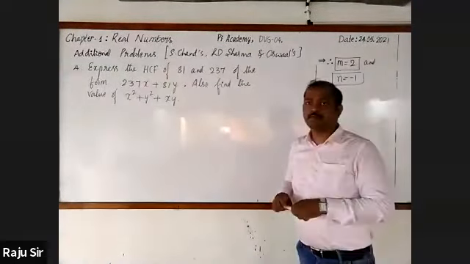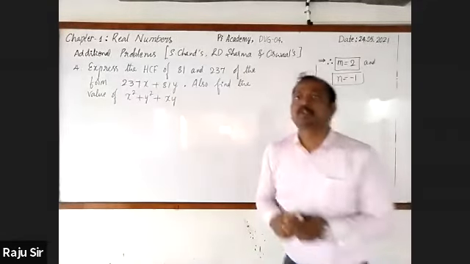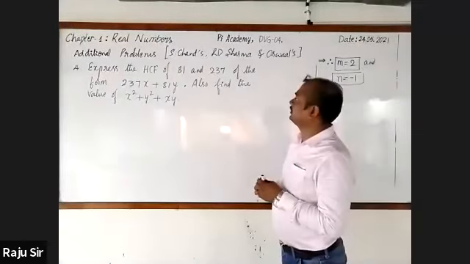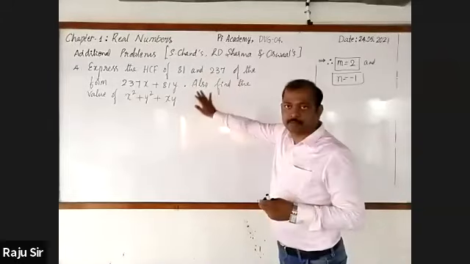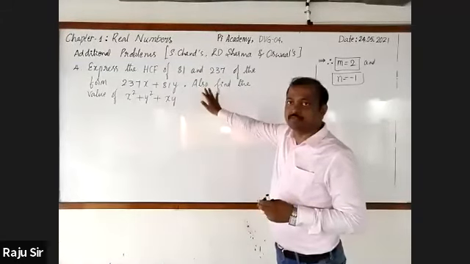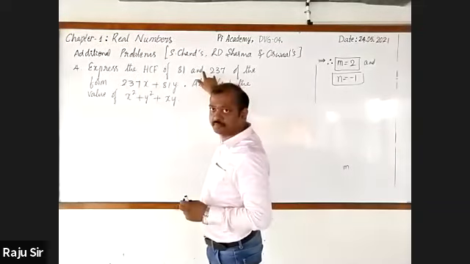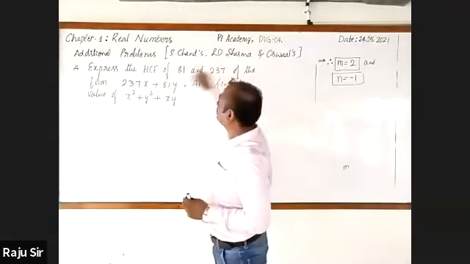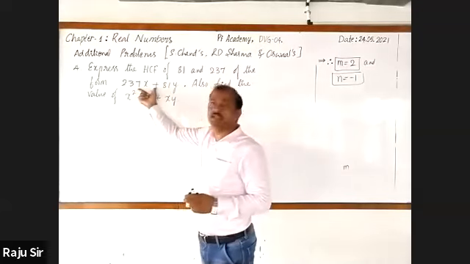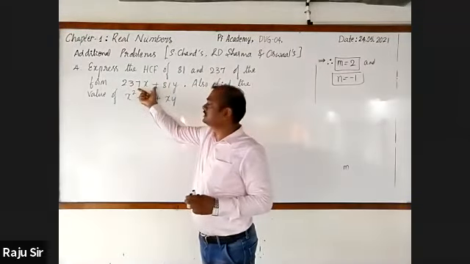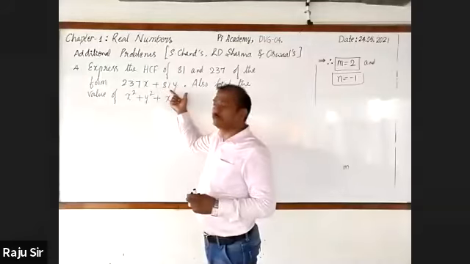Now, let's go for finding. Here also you can observe that there are three sub-questions. One is you have to find out the HCF of the given numbers. Second one is that HCF should be written in this form, 237x plus 81y.